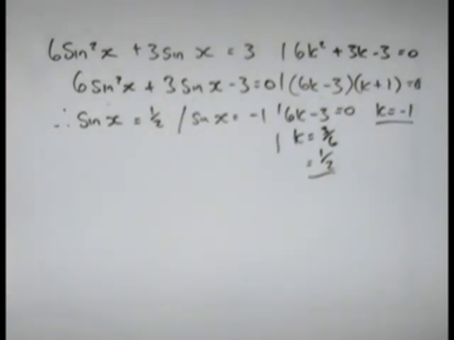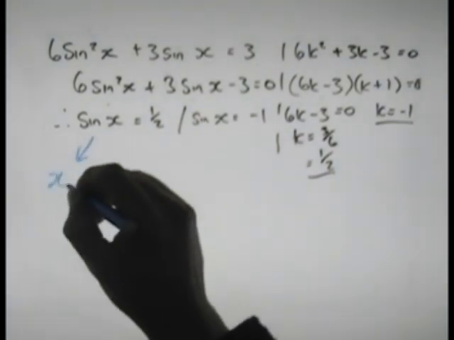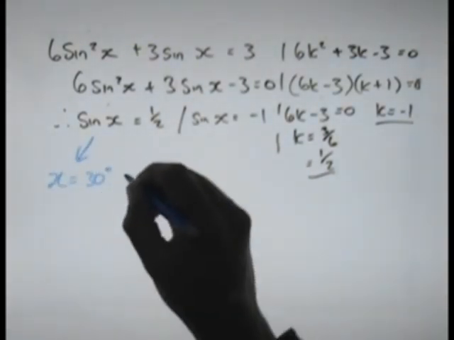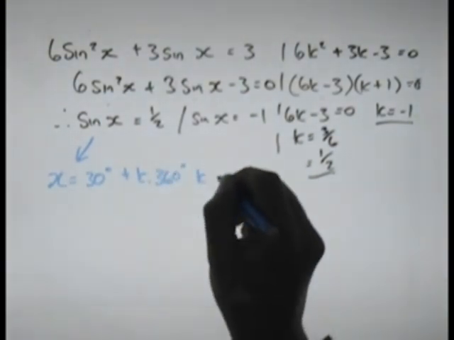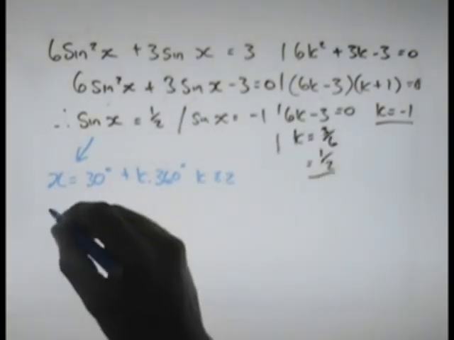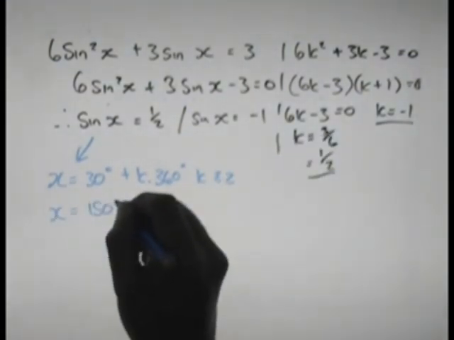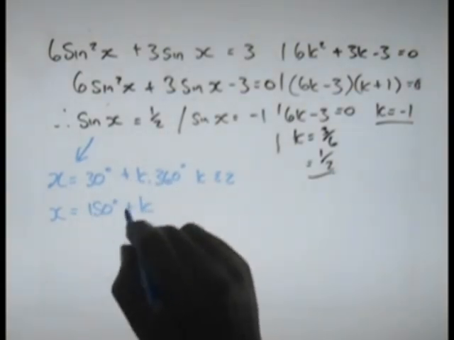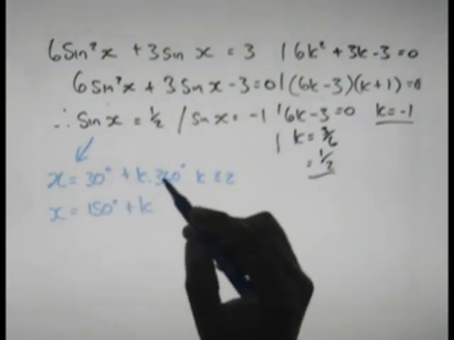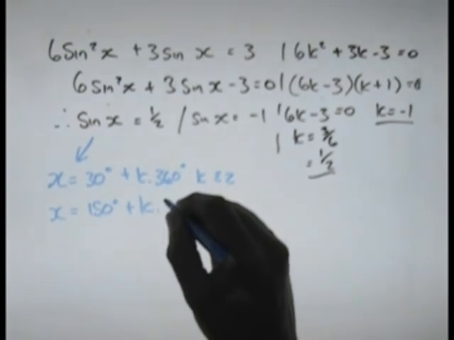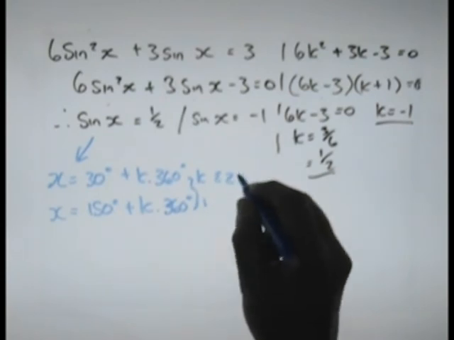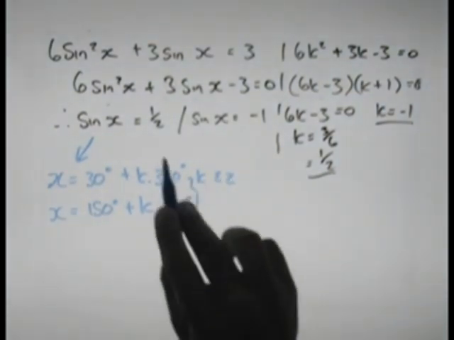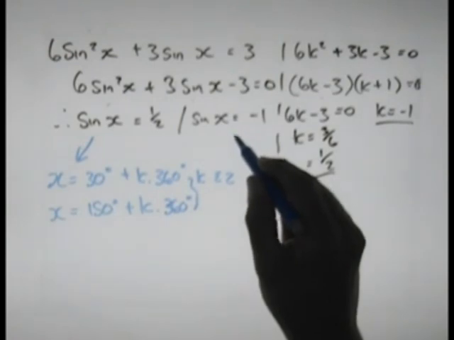If I solve for sine of x being equal to a half, it means that x is equal to 30 degrees plus k times 360, where k is an element of integers, or x is equal to 150 degrees. Remember, second quadrant, 180 minus our reference angle. 150 degrees plus k times 360 degrees, all when k is an element of integers. But that's only two of the possible solutions.